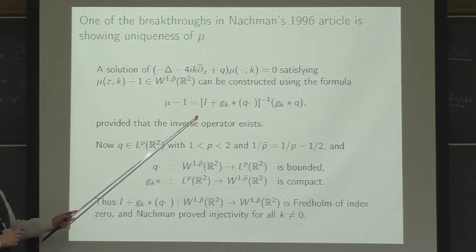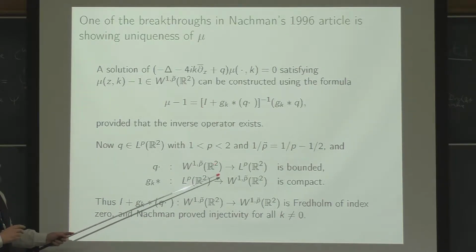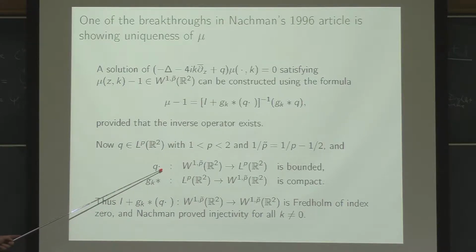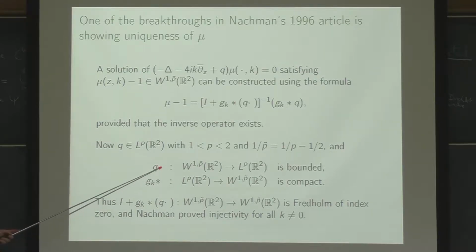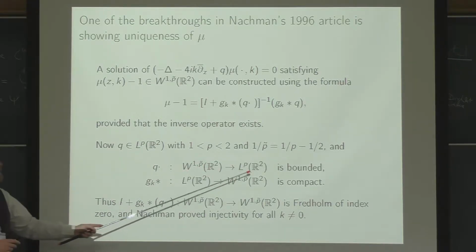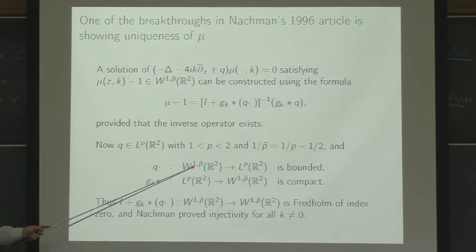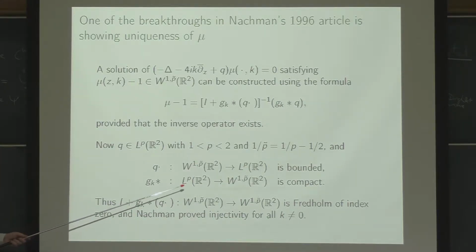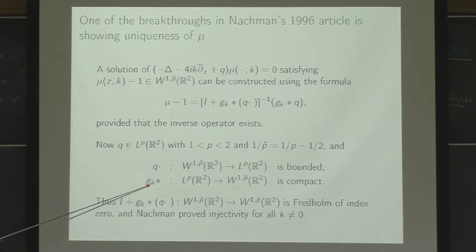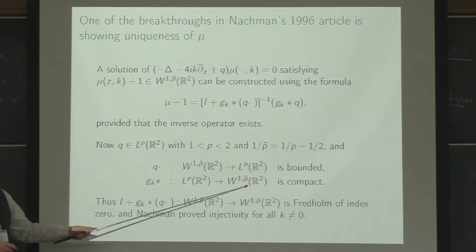And also the function spaces have to go right here. Nachman proved that pointwise multiplication by Q is a linear bounded operator from the Sobolev space here to LP. Q itself is in LP, in fact in L infinity because of the continuity. This one maps compactly from LP to this Sobolev space.